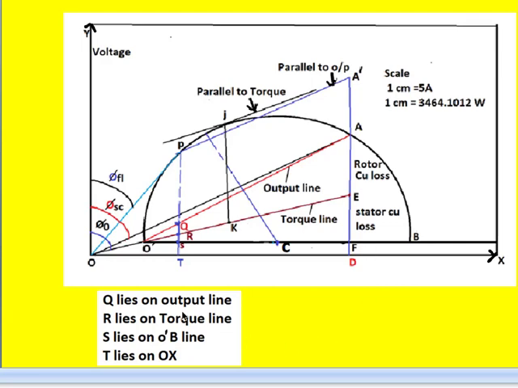Then first draw the no load current, that is OO dash, at an angle of phi naught like this. This is OO dash, which represents I naught, and the no load angle is phi naught. Then draw a parallel line to the x-axis from O dash like this.